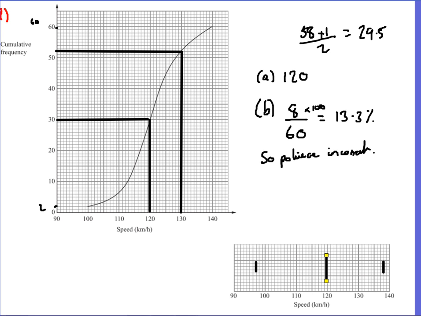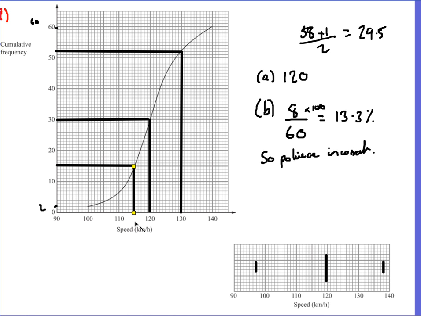What we're then going to do is work out the interquartile range. If I add 1 to that and half that, that will tell me 15.25, so near enough 15 to be honest. You're going across for your lower quartile.